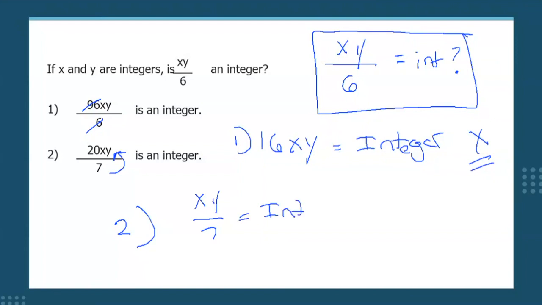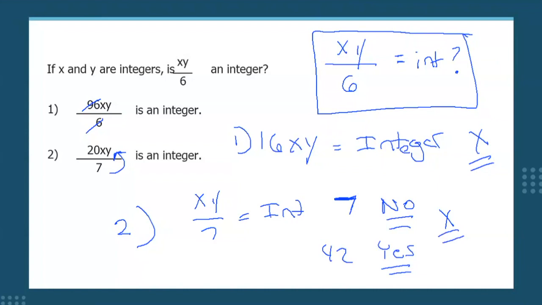Well, it tells us that there are values of x times y that could be divisible by 6, as somebody already said. 7 is a possible version that gives you an answer of no, but if x times y was 42, the answer here would be yes, right? And because of the yes-no answer, statement 2 is insufficient.